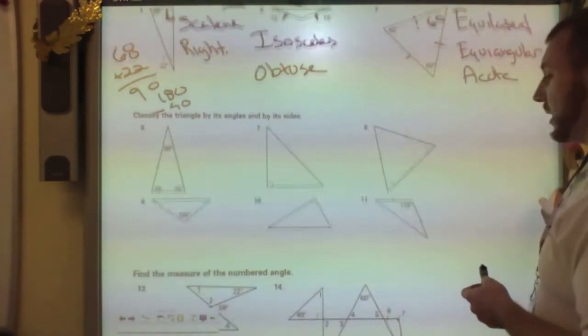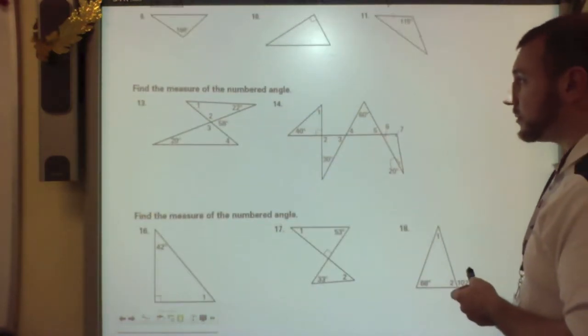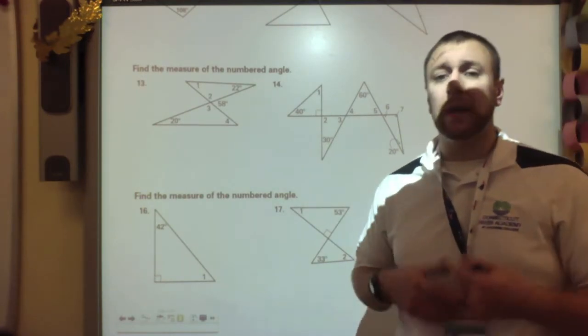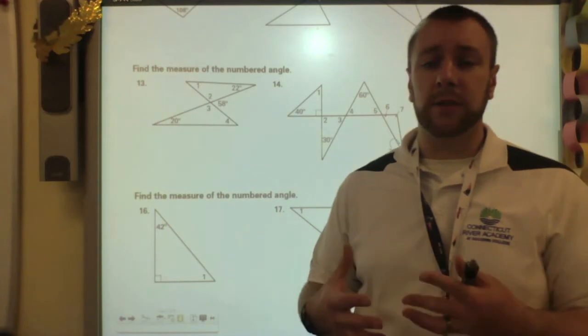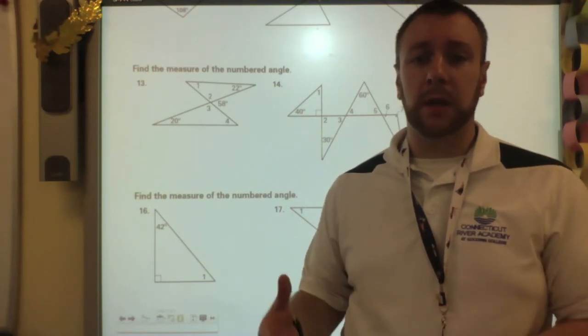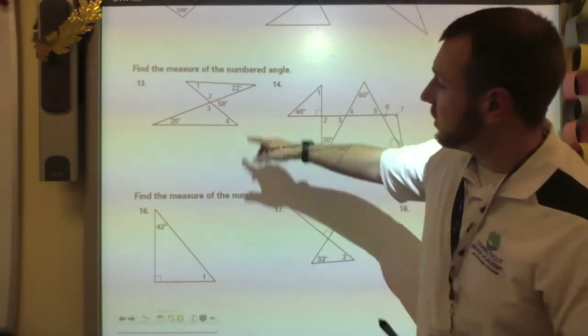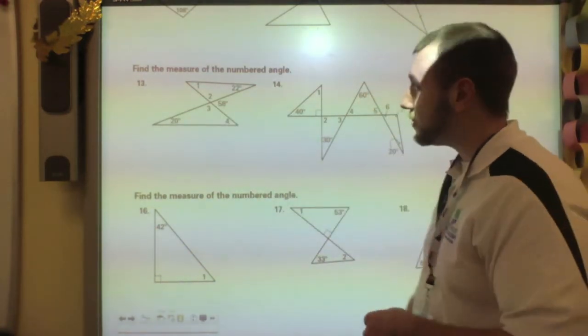For the bottom section, this middle section here, you're finding the missing measure. So we have to remember that angles of a triangle always add up to 180 degrees. So the trick with this is this 58 on the outside.